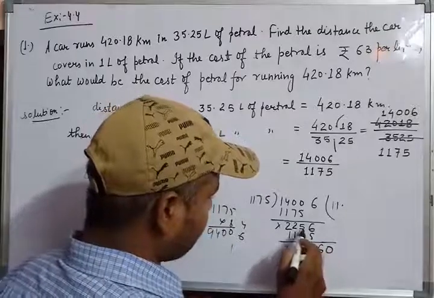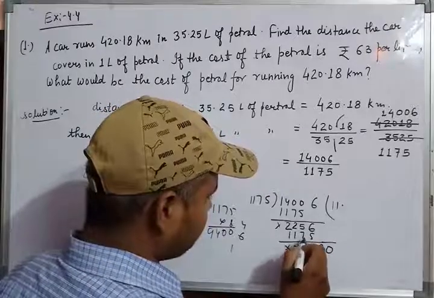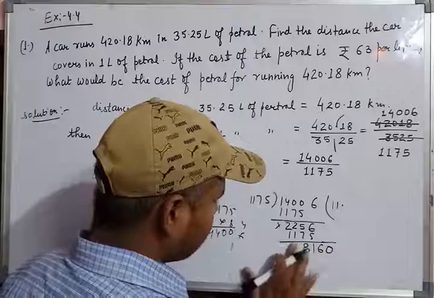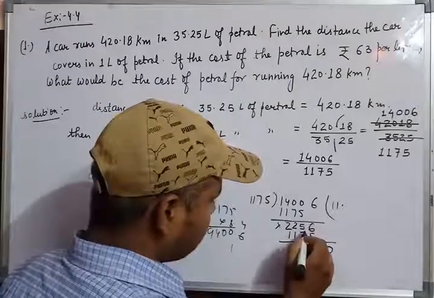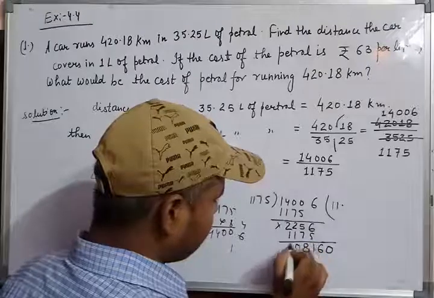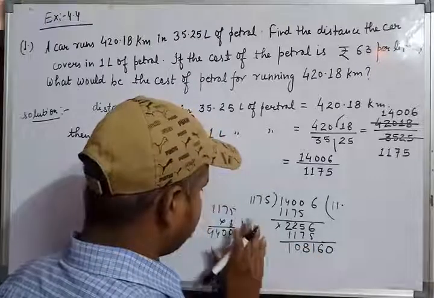Times 5 is 1, 15 minus 7 is 8, here 1 minus 1 is 0 and 2 minus 1 is 1.